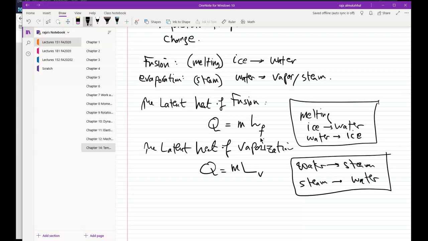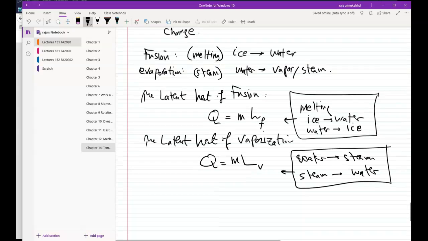So this works for both of them. The Q here is how much energy I need to transition from one phase to another. You get that? I'm going to give you an example, I promise, in a minute.